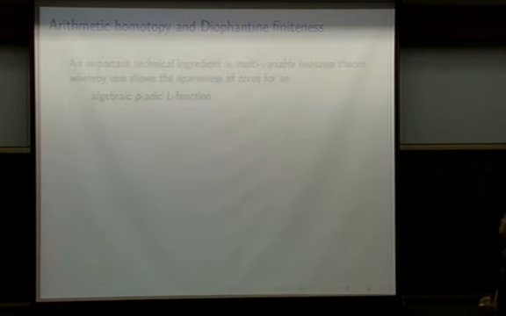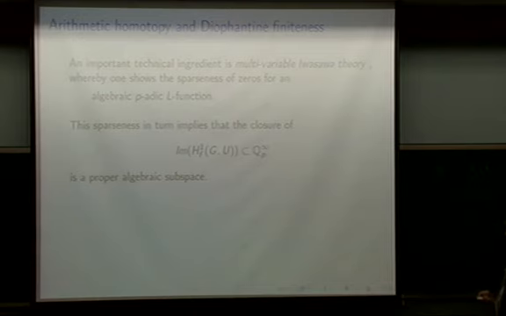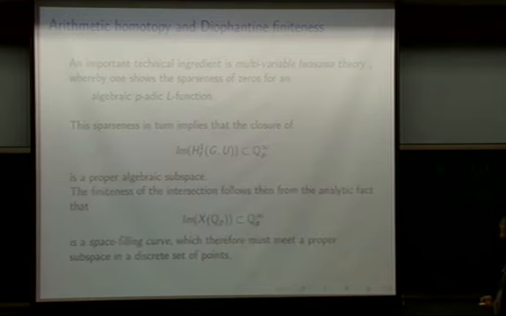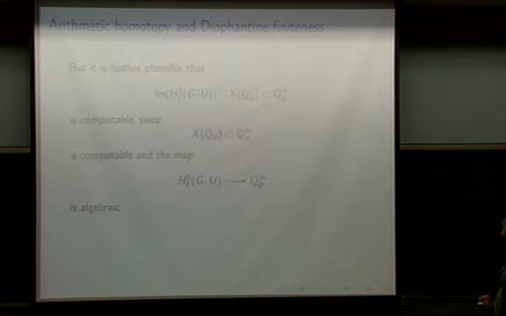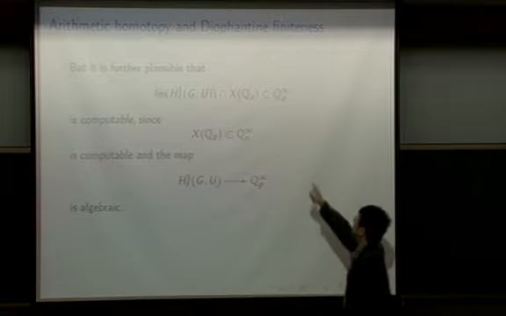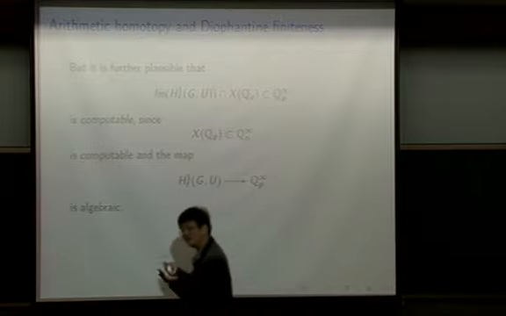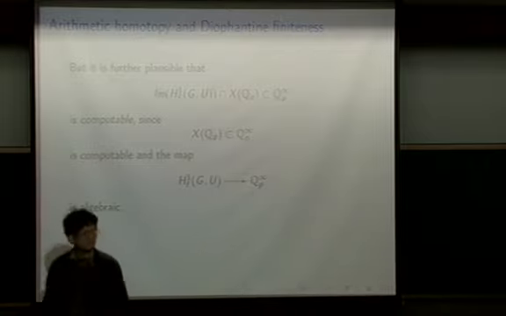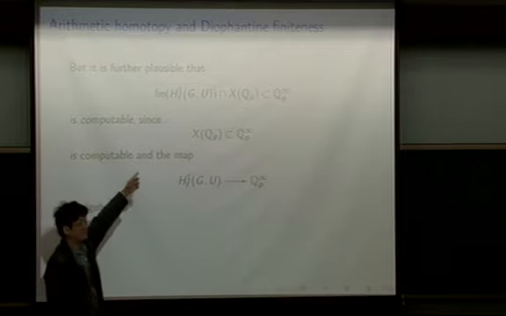But what we hope for is even more. Namely, what we would like is to view this intersection as being a computable subset of this P-adic space. And that's the key thing. Because you can use analytic function theory over the P-adic numbers to compute the image of the P-adic points of the curve.